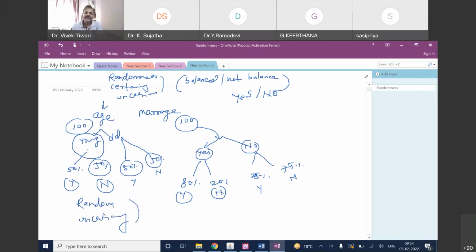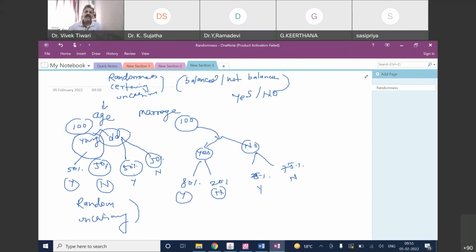Whether the person is young doesn't matter. There is almost a 50-50% chance that the person may go for the investment or may not, if he is young. Total random behavior. You can't see any pattern. Similarly, if the person is old, similar random behavior. You can't say that if the person is old, there is more chance to go for the investment, because the data is not saying that.